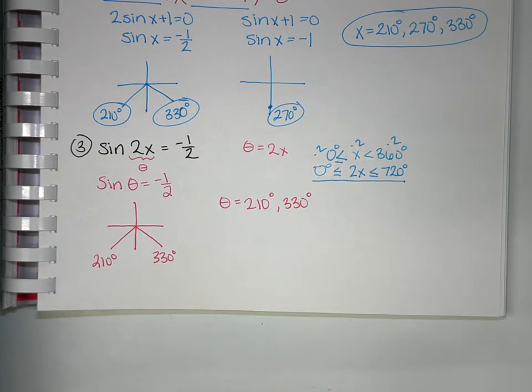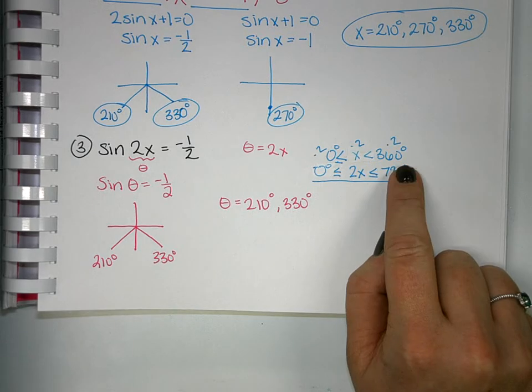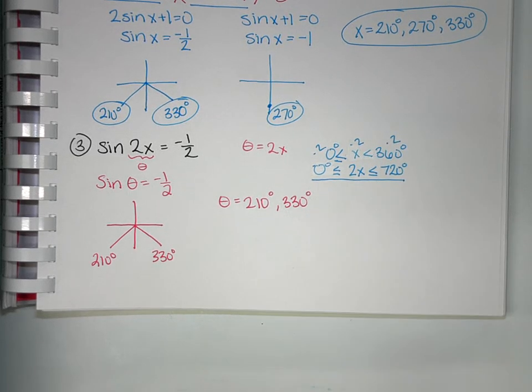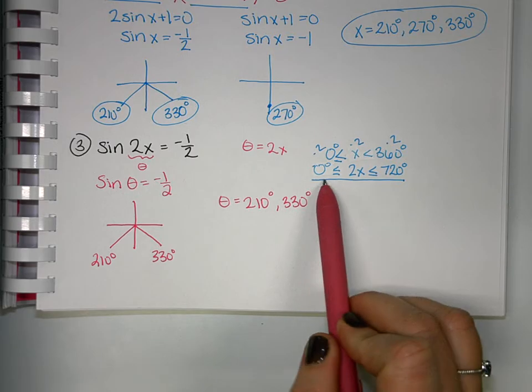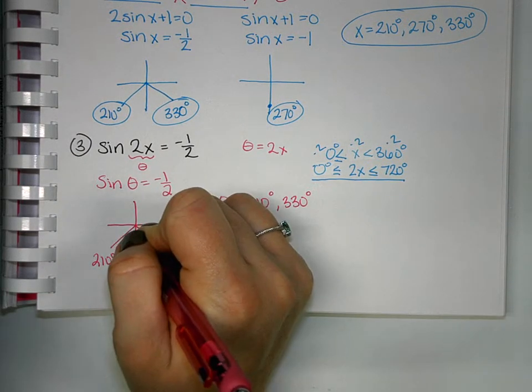And so how we deal with this number on the inside when it's being multiplied is we have to take whatever number is there and multiply it to our domain that we're looking for to get the domain for our doubled value. So when we consider now that we can go all the way up to 720, that means I can consider the coterminal.